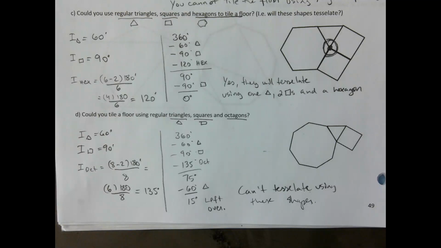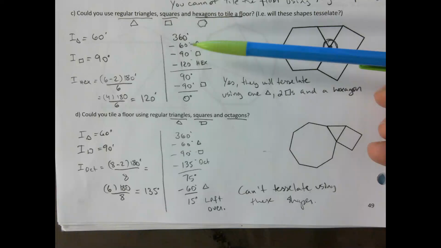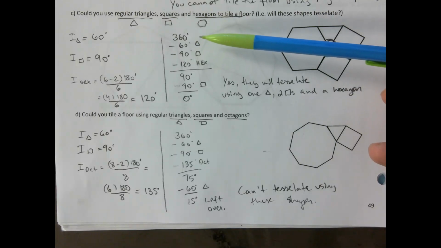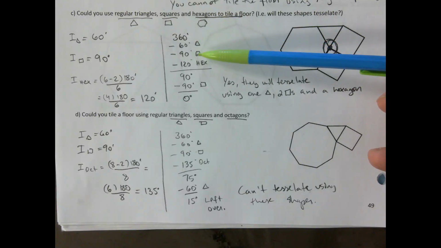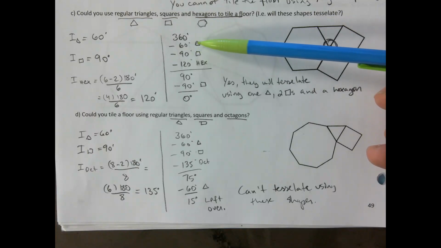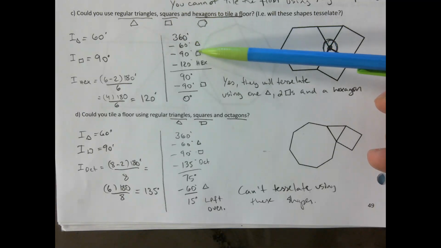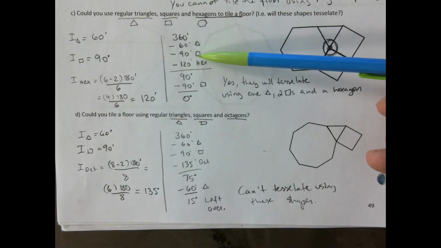I also want you to understand, okay? Just look up here. I'm just going to grab this middle example again. Sometimes you may encounter a scenario where I give you two shapes, and I may ask you, what's the third shape that can be used to tessellate? What's the third shape?